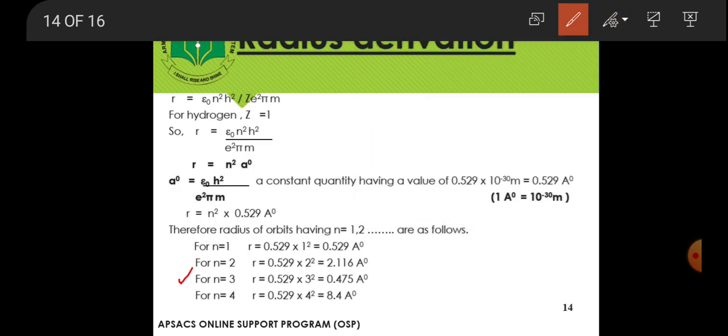For the third shell, n is equal to 3, and the value of r will be 0.529 into 3 square, because we have to take the square of n value, and we will get the answer 0.475 angstrom. This is the radius of the third orbit. And for the fourth orbit, the value of r is 0.529 into 4 square, that is 8.4 angstrom.